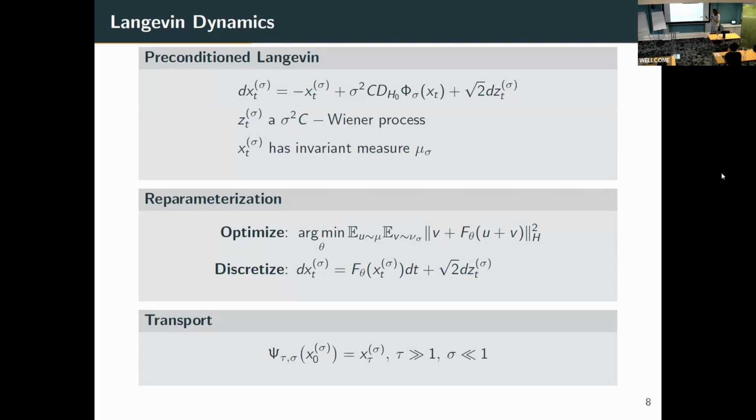Number two, the way I've set up this problem, I've only learned the score near where I have data, right? Because if I look at how I discretize this, mu, in reality, is a Dirac, or a sum of Diracs, because I really only have data. That's what I get at.